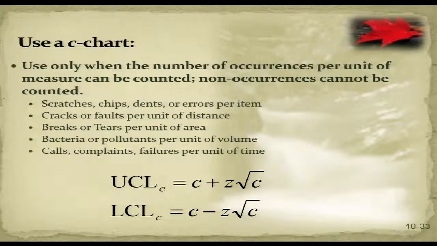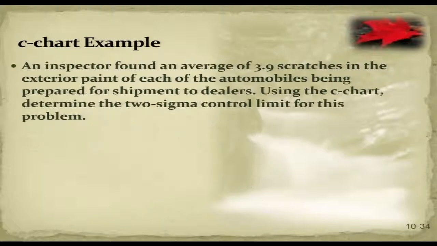The upper control limit is C, the counted number, plus Z, how many sigma you want to control, times the square root of C. The lower control limit is C minus Z times the square root of C. I think that's the simplest formula in this chapter.